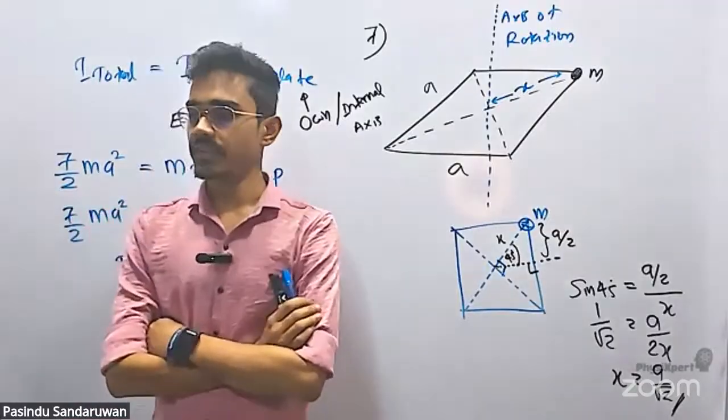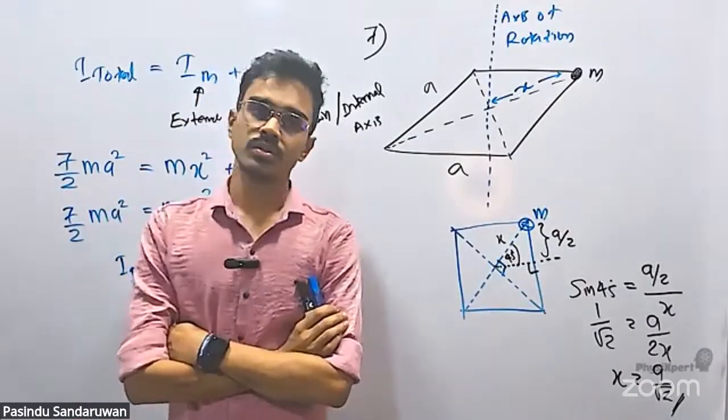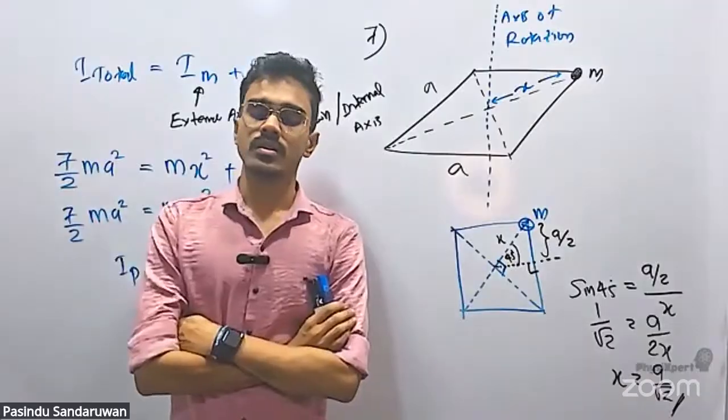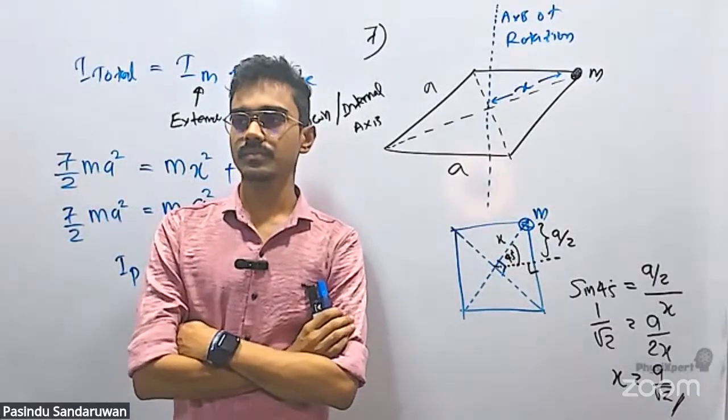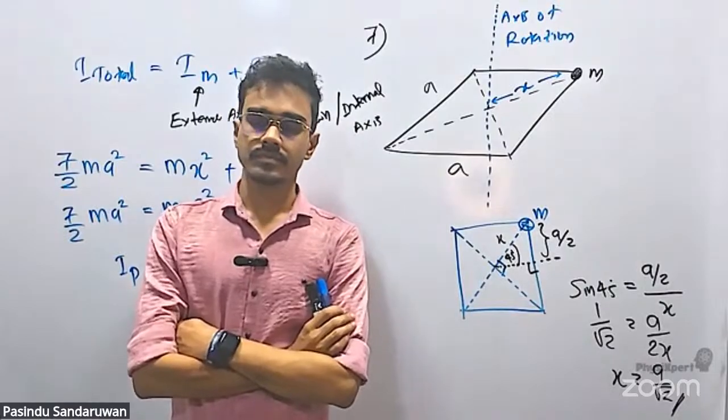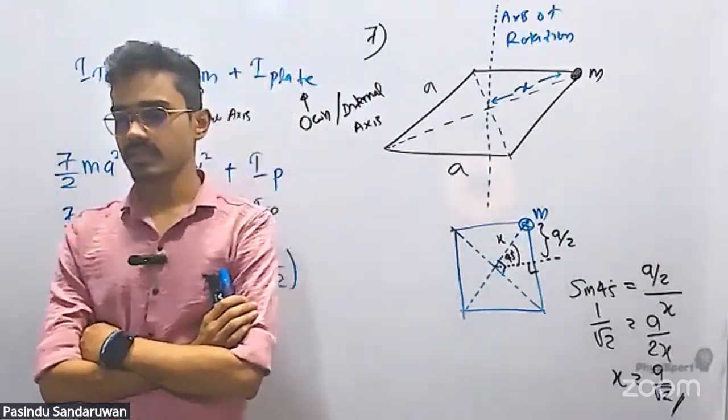Total moment of inertia is equal to the sum of moments of inertia of each object about the same axis.